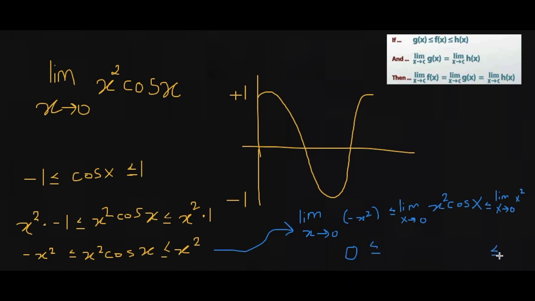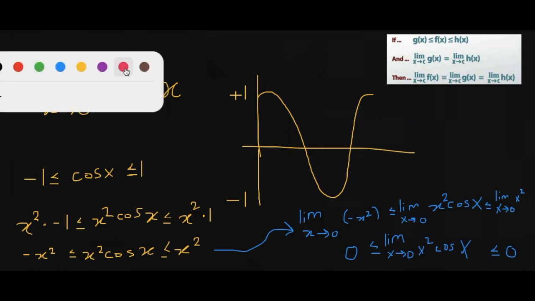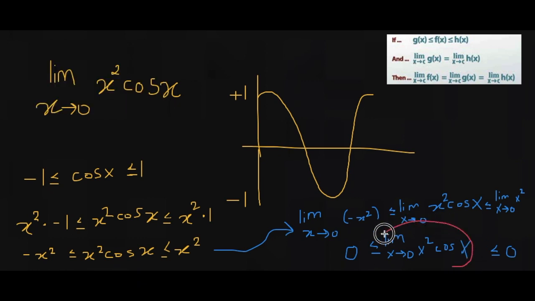And the limit as x approaches 0 for positive x squared is just 0. And what we're left with in the middle is what we were looking for, the limit as x approaches 0 of x squared cos of x. Now because the limits of the functions on the left and right hand side as x approaches 0 are 0, therefore the limit of our function is also going to be 0, according to the squeeze theorem.